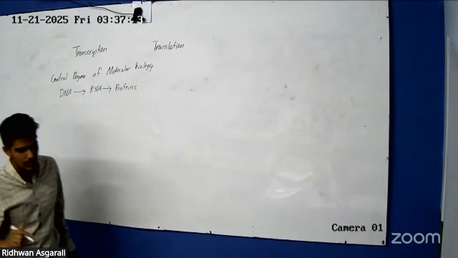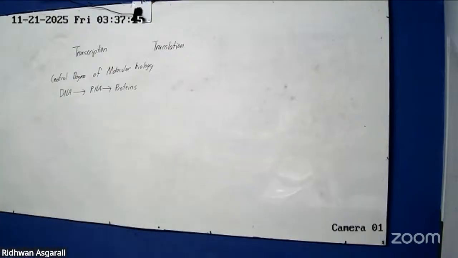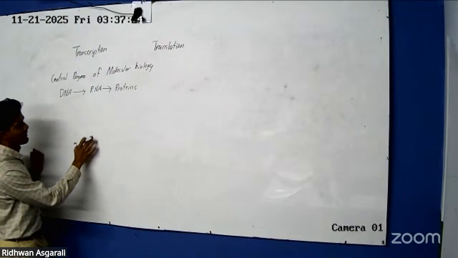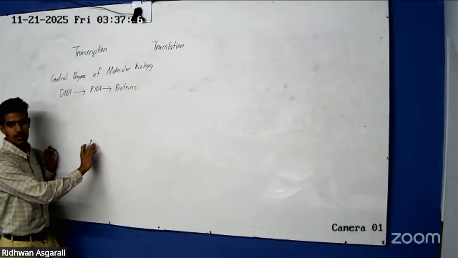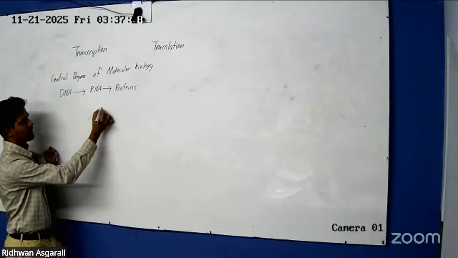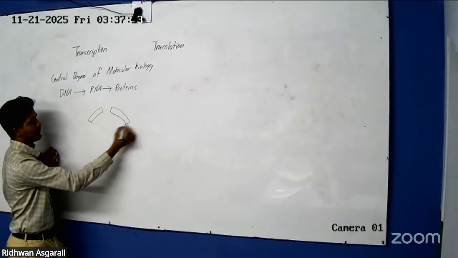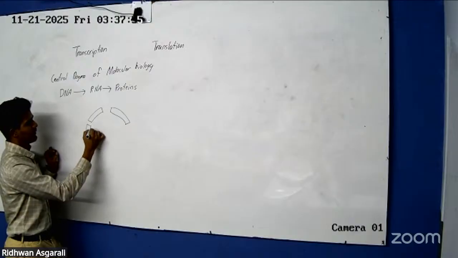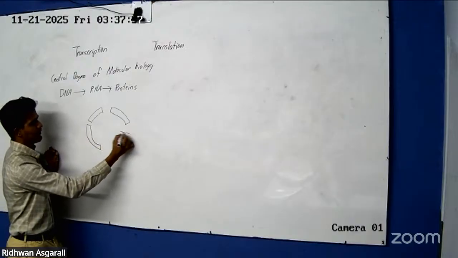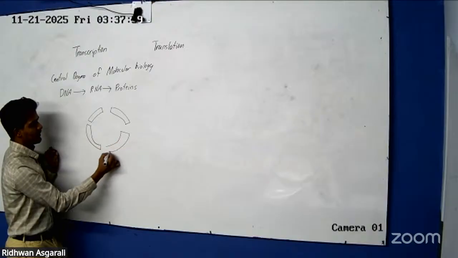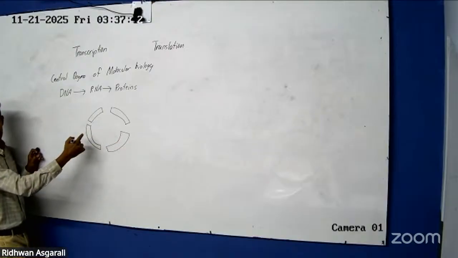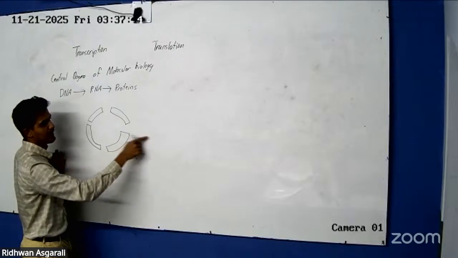I've given you all, what is it called? At the end of last class, I would have given you all a little summary of how transcription and translation would be. That was this diagram. You all have that diagram, right? We have DNA inside, transcription to go outside, and then translation.